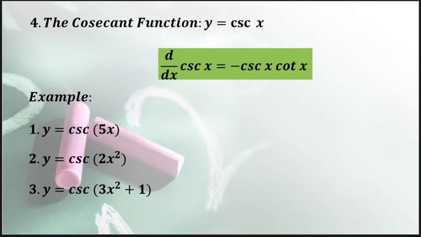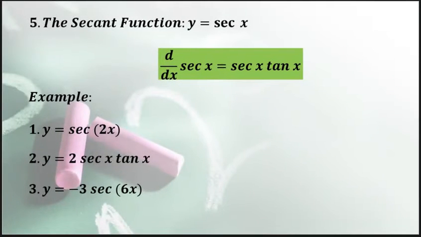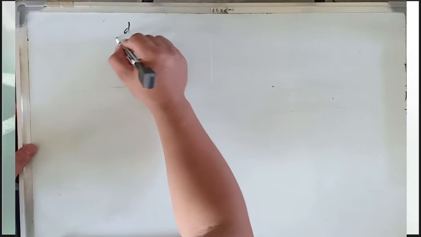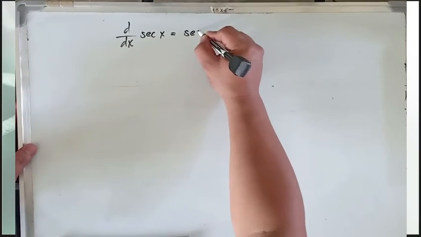For the 5th trigonometric function, we have the secant function. And the rule says the derivative of secant x is equal to secant x times tangent x. So, the derivative of secant of x is equal to secant of x tangent of x.